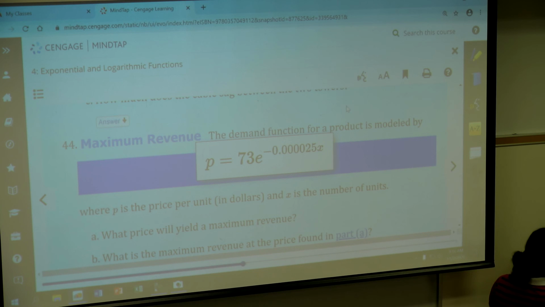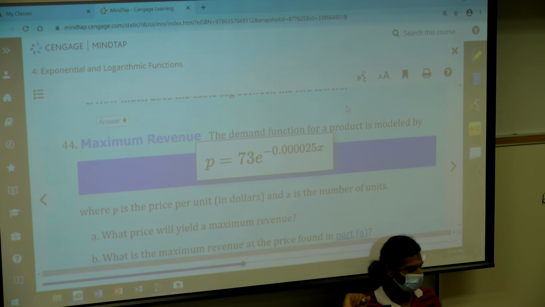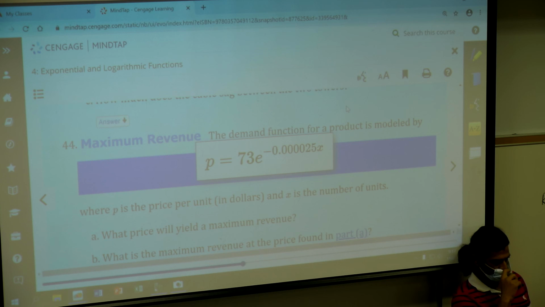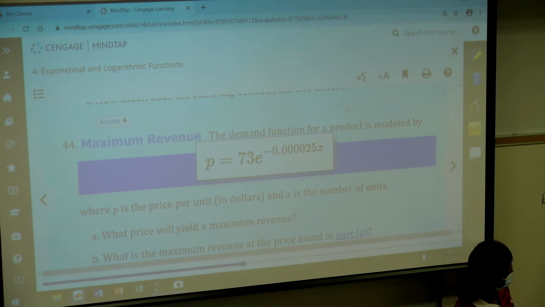It's given in the problem, the price function, right? Would you plug that number in for x?